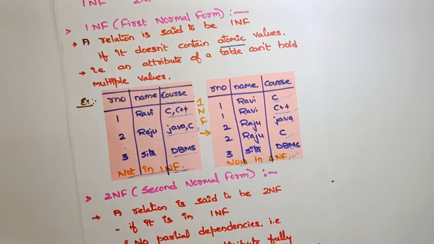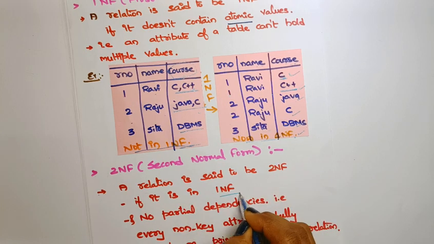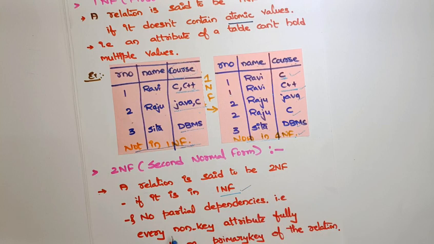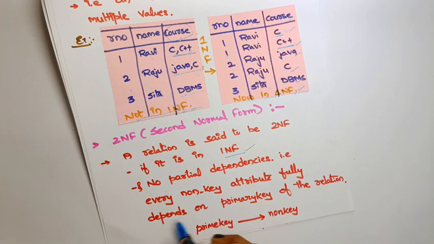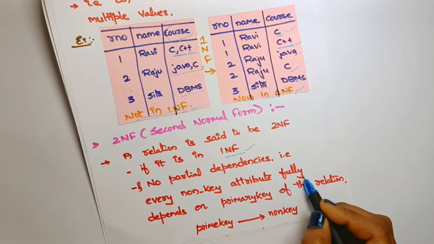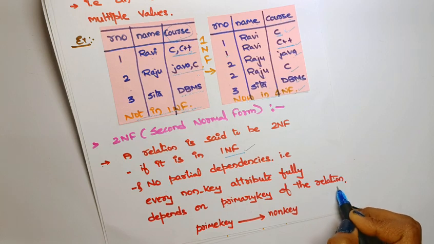Now we will see 2NF. A relation is said to be in 2NF if it is in 1NF, it must be in 1NF also, and also has no partial dependencies. So here, what do you mean by partial dependency? It means every non-key attribute fully depends on the primary key of the relation.